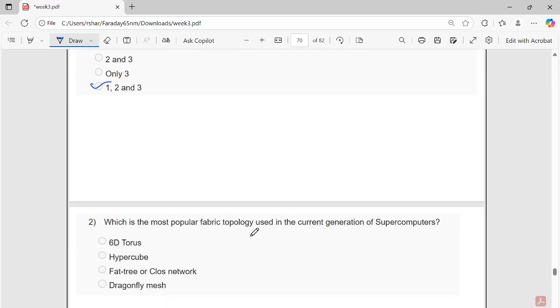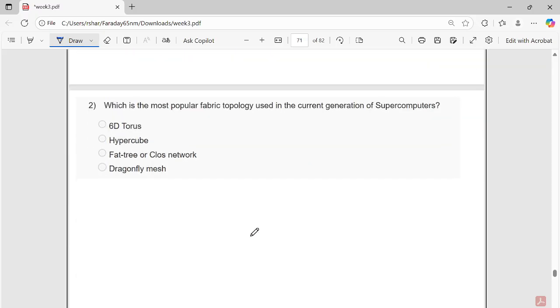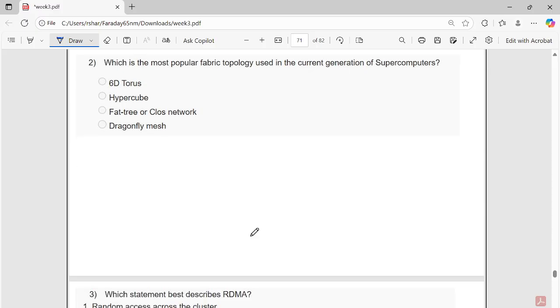Going to the next question. Which is the most popular fabric topology used in the current generation of supercomputers? The answer is fat tree network.